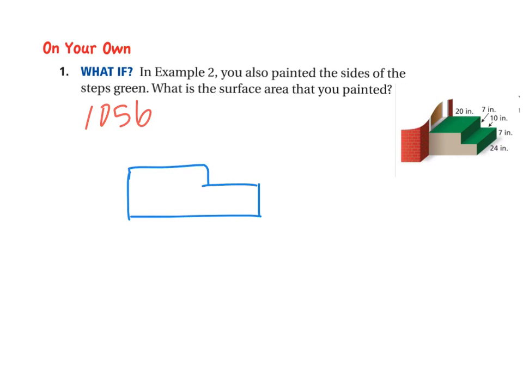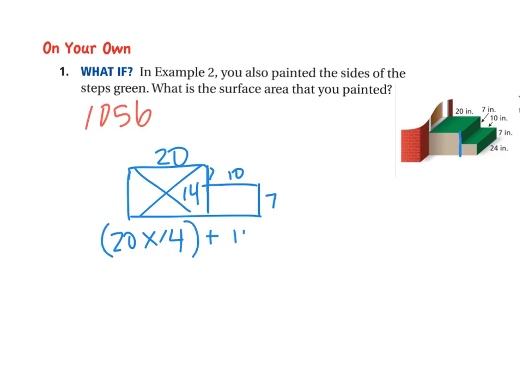If I break this right here, we know that the width of this is 20, and then we know the depth would be the two heights of these, right? So 7 and 7 would be 14, and then this is 10 and this is 7, because this was 7, remember? So I could do 20 times 14 to get the first part, and then I add that to 10 times 7.